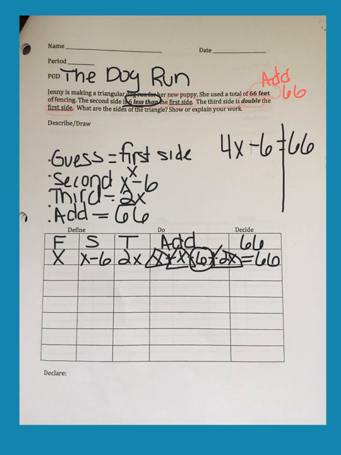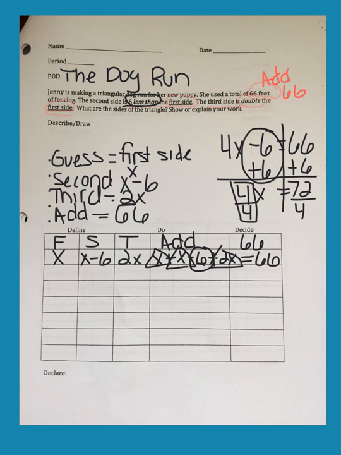Now remember, I do the opposite. So since it says subtract 6, I'm going to add 6 to both sides. So I add that 6 to both sides, and that now is 72. And now I'm going to divide both sides by 4. And 72 divided by 4 is 18.